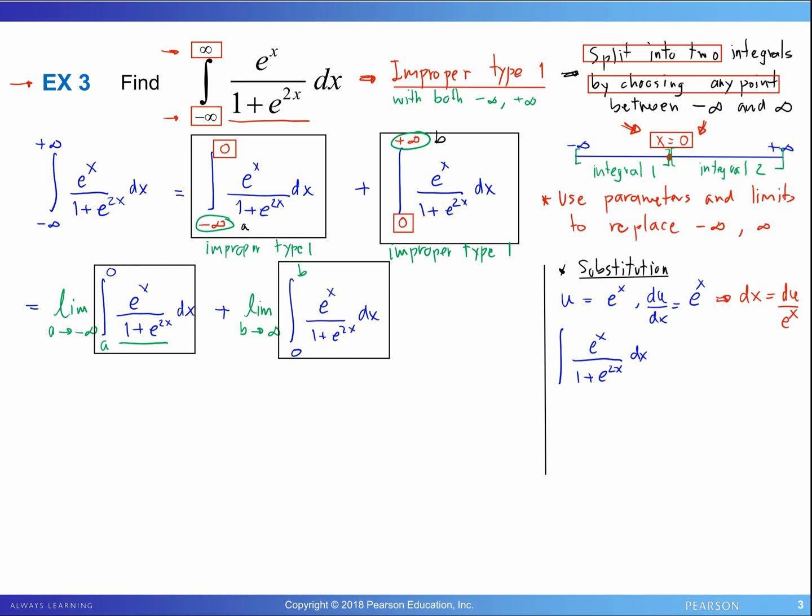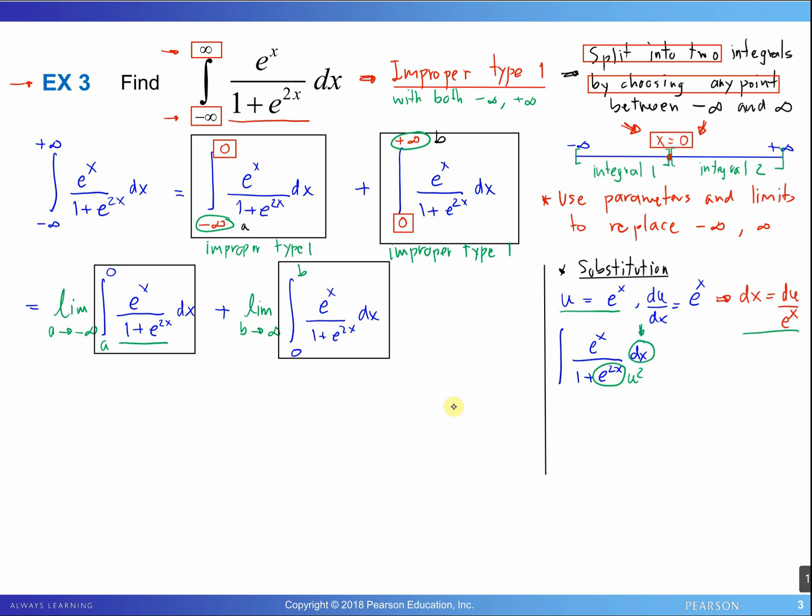Now that we know that u is equal to e to the power of x, let's use it right here. So this becomes u squared. And we also know that dx is equal to du divided by e to the power of x. Let's use it right here.